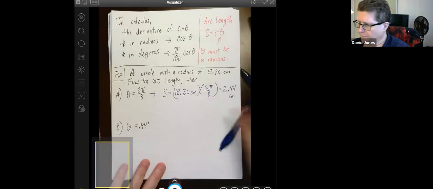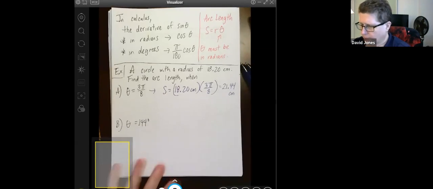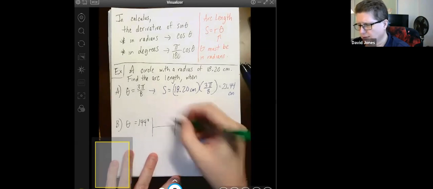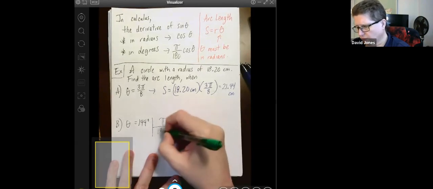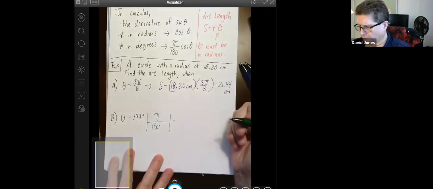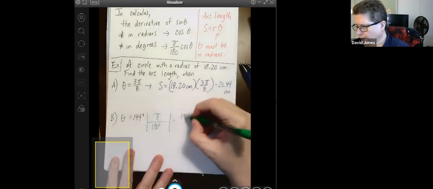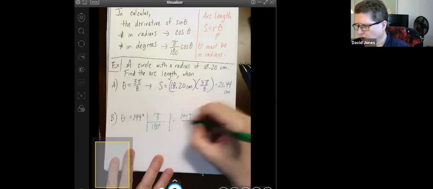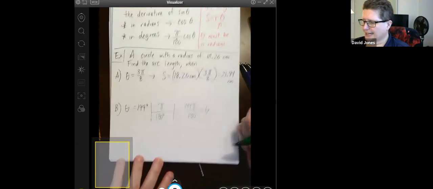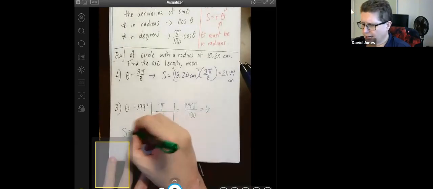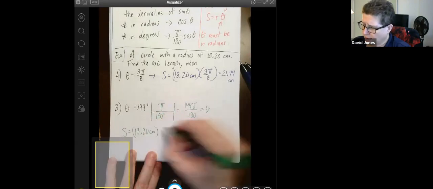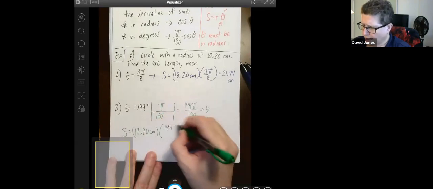All right, we'll do the other one. First, we need to convert to radians. We get 144 pi over 180 equals theta. I'm going to leave it as that. So S equals 18.20 centimeters times 144 pi over 180.